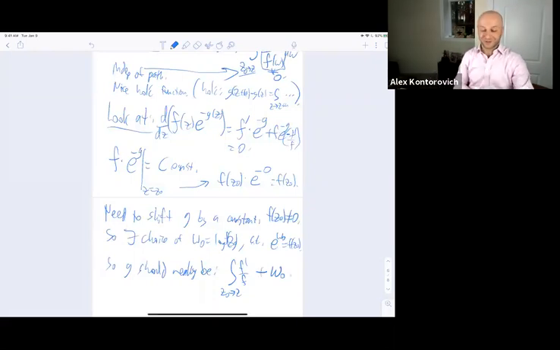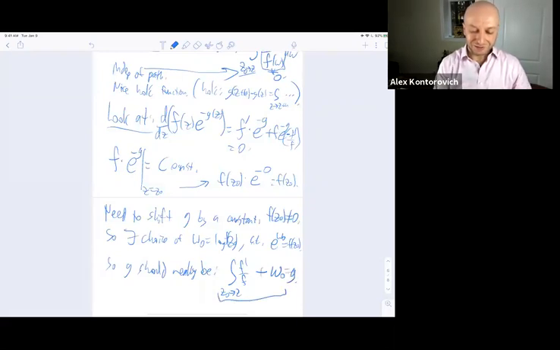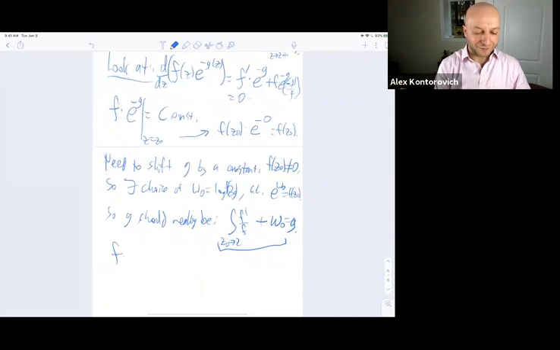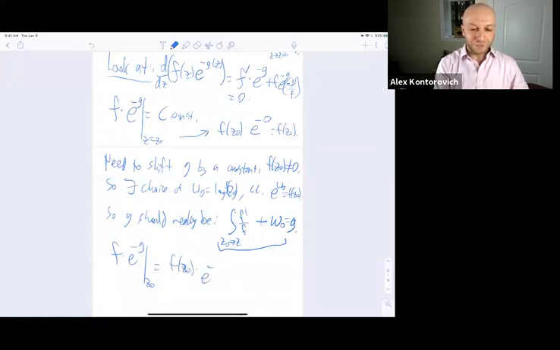So if I make this choice of g, then when I look at f times e to the minus g evaluated at z0, I get f of z0 times e to the minus g. G is an integral which evaluates to 0 plus this constant w0. So I get a factor of e to the minus w0, but e to the w0 is f of z0, and I get f of z0 times 1 over f of z0. Now it's equal to 1.